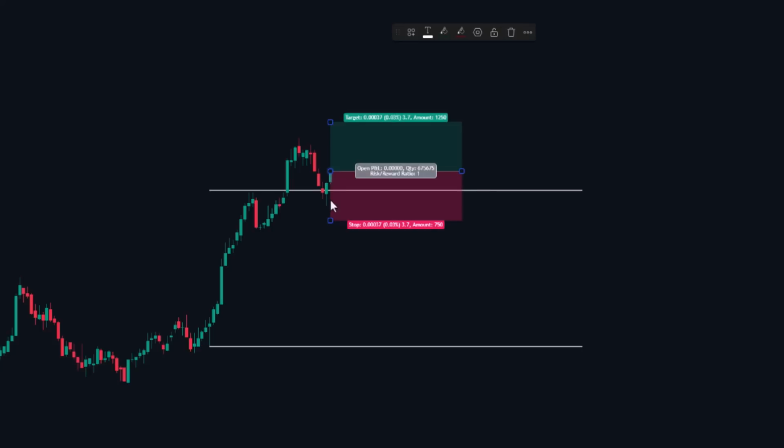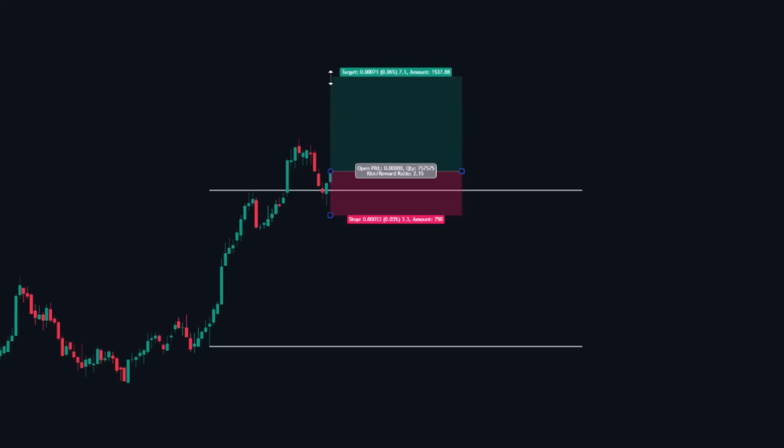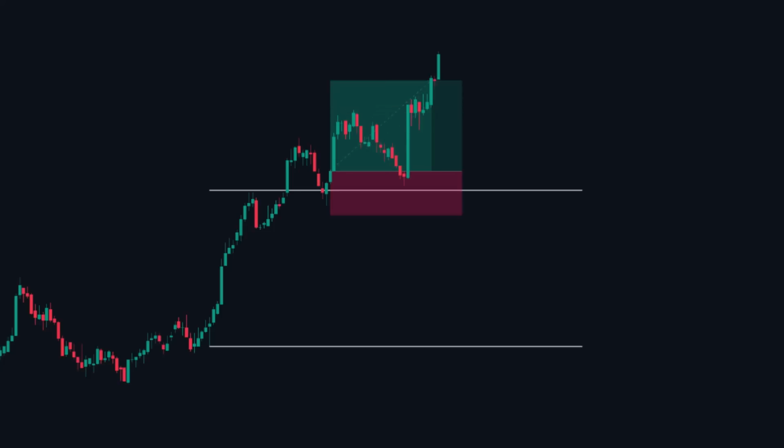In this example, price formed a bullish hammer, followed by another green candle, indicating a potential shift in momentum. With this confirmation in place, we enter a buy trade at the close of the confirmation candle, placing the stop loss below the retest candle and setting a target at least twice the stop loss. Watching the trade play out, we can see how price respected the setup, eventually resulting in a profitable trade.